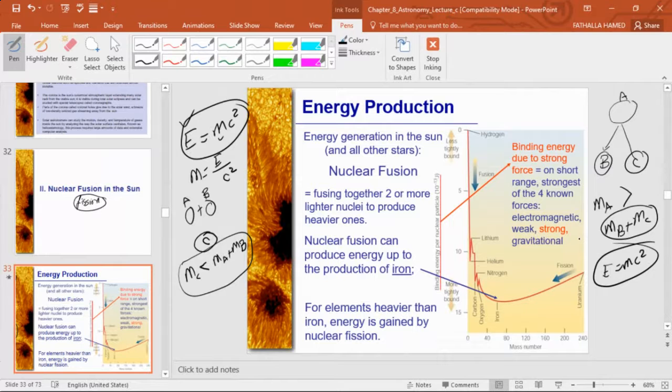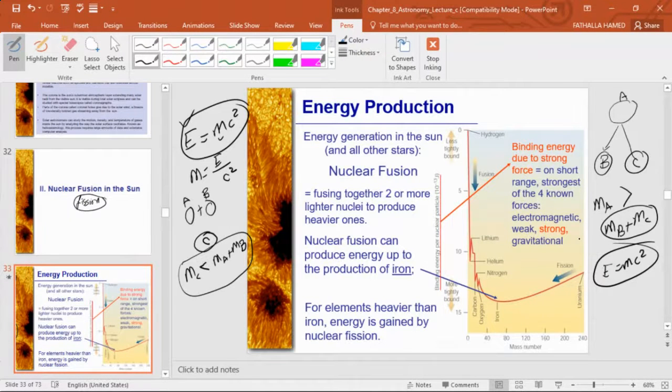And remember, these are coming from the nucleus. And in the nucleus, we have very strong nuclear forces that hold the protons and neutrons inside the nucleus at very small distances. So they're very short range. So either we are doing nuclear fusion or nuclear fission, we always end up with less mass. And the mass that we lose goes into energy.